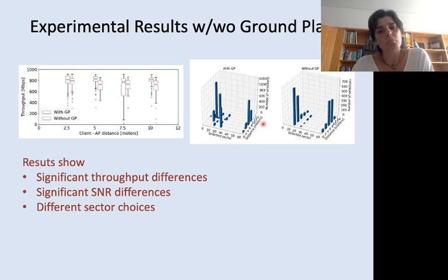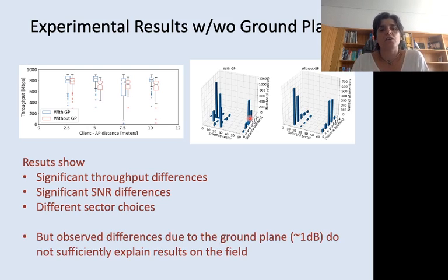When we use a ground plane, the amount of sectors used changes, and it's much more diverse, and it also changes more as you change the distance, so it's much more sensitive to the angles. And so there is a difference in the radiation patterns caused by this ground plane, and this might indicate that there might also be this change in the radiation patterns on top of the vehicles.